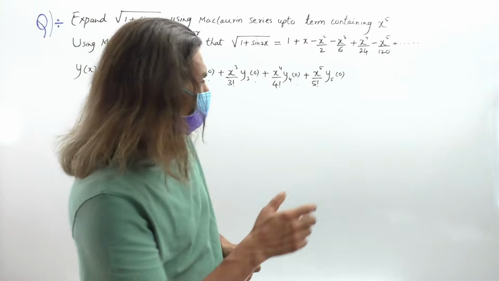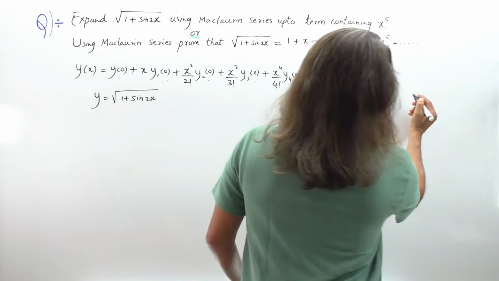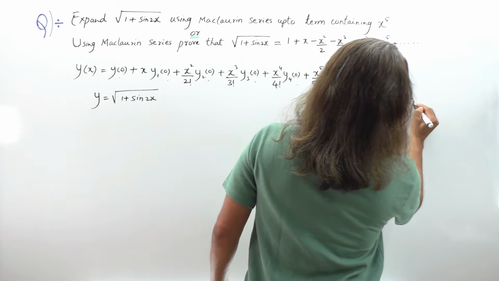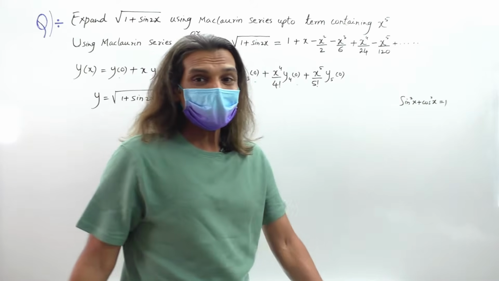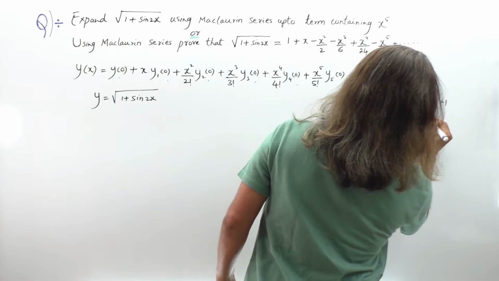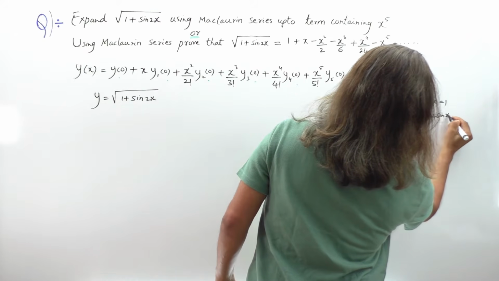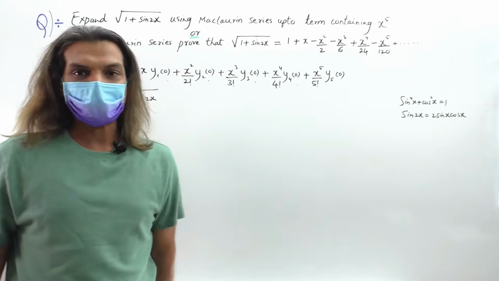It was very simple. We know the trigonometric identities: sin square x plus cos square x is equal to 1, and sin 2x can be written as 2 sin x into cos x. These are two very important trigonometric identities.